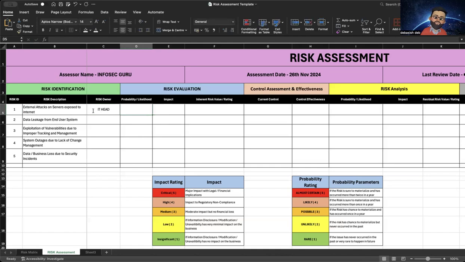Now, what is the probability of this external attack happening when any server is exposed to the internet? So I would say almost certain. If it is exposed to the internet, then any external person can try to at least get inside. What is the impact?